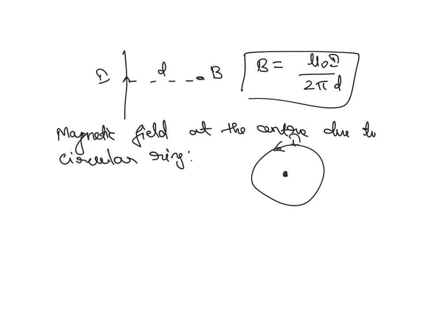This is the center O at which we need to calculate the magnetic field. To find that, let me give a simple hint here: B equal to mu naught divided by 4 pi into theta I divided by R, where R is the radius. See, the current is flowing like this, current I is flowing, and the radius is R now.